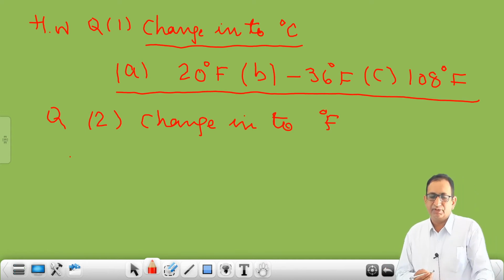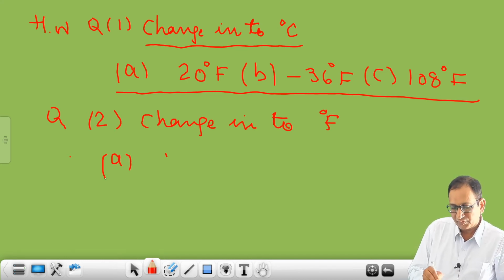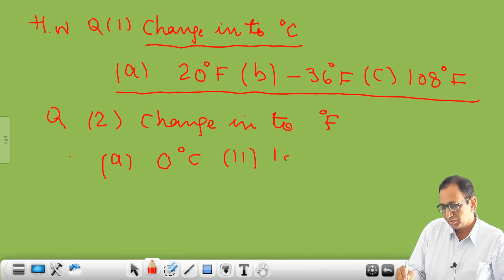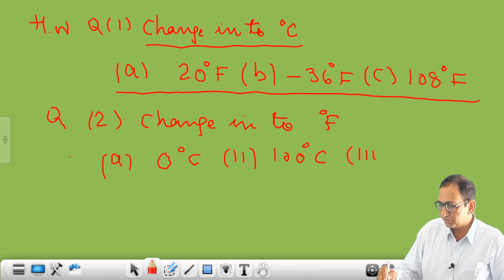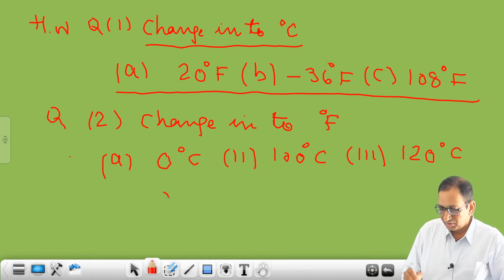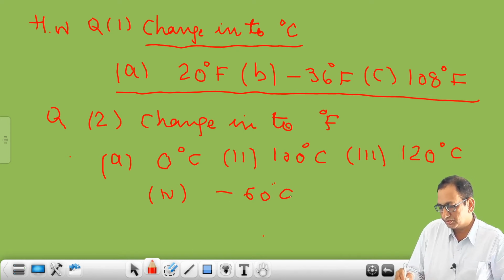I am giving 3 questions here. Question number 1 is 0 degree centigrade. Question number 2 is 100 degree Celsius. The third part of this question is 120 degree Celsius, and one more, the fourth part, is minus 60 degree Celsius.